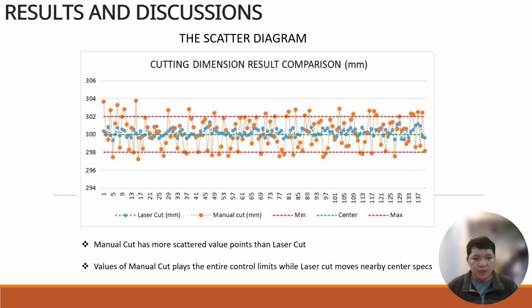And the values of the manual cut place the entire control limits while the laser cut moves nearby the center specs, the blue one, as you can see. So the movement and the comparison of these data, we can show on this scatter diagram representing the big difference of the two results, the manual and the laser cut.